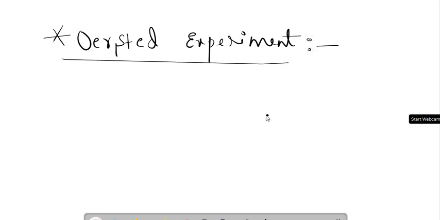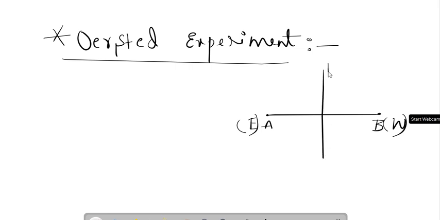Suppose this is point A and this is point B. This is the west direction and this is the east direction, and the magnetic needle has a north pole and a south pole. Now, suppose the current is moving from point A to B. So the north pole is deflected towards the west direction.